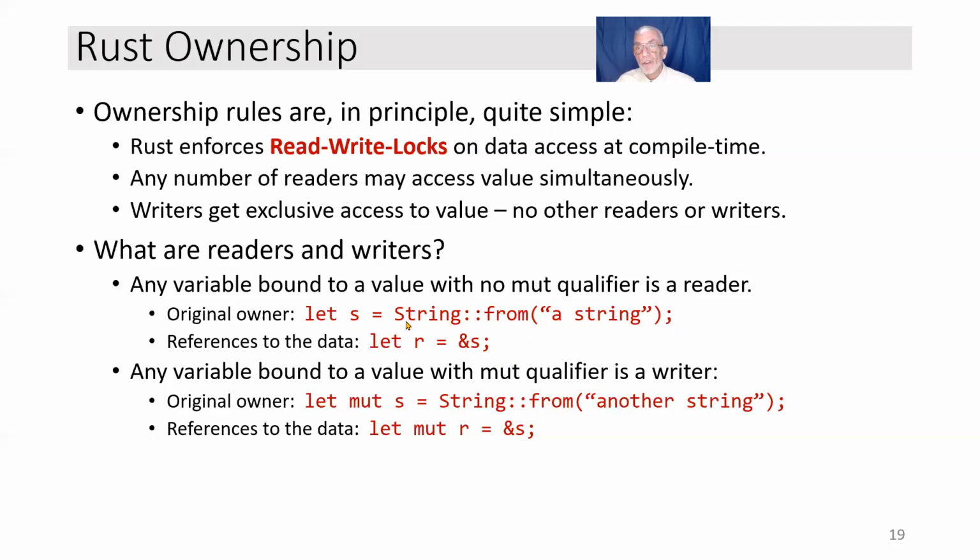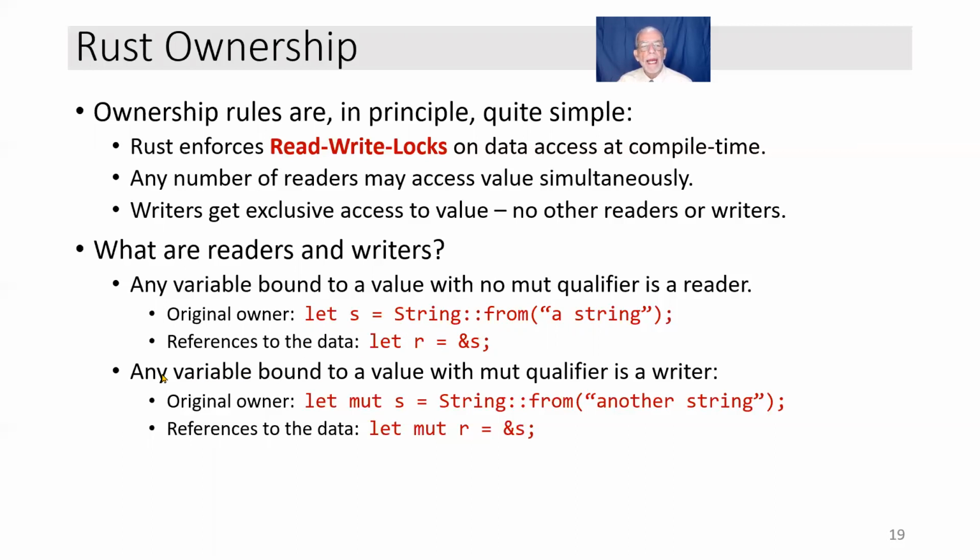And it really means exclusive access in a sense. That's what mut means. References to the data. So here I created a reference, and this reference is a reader because it doesn't have the mut attribute either. So there's two readers. Okay, I can have any number of readers at the same time.